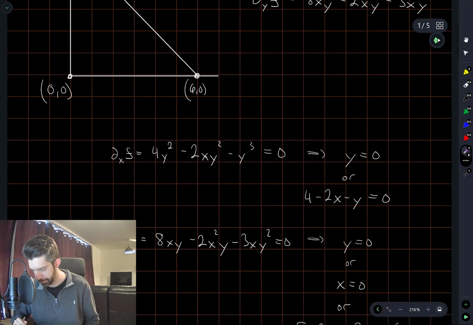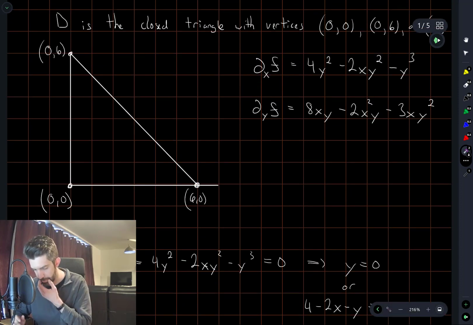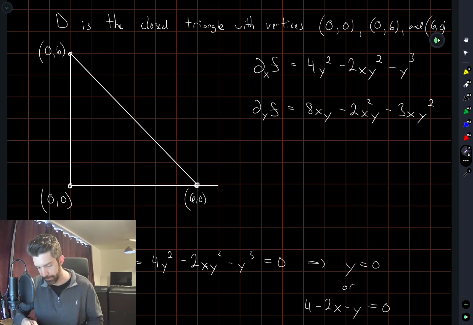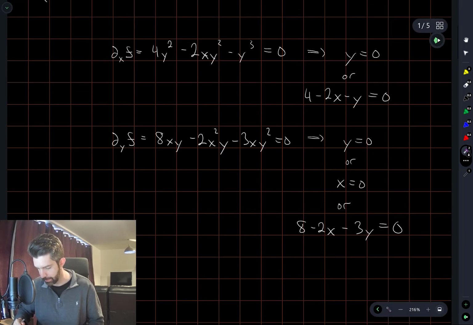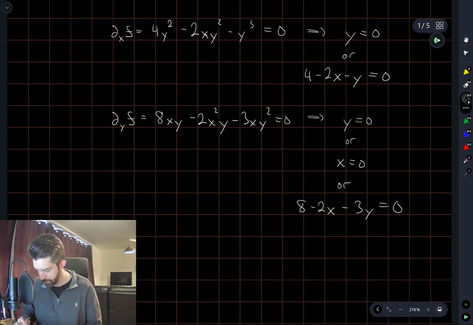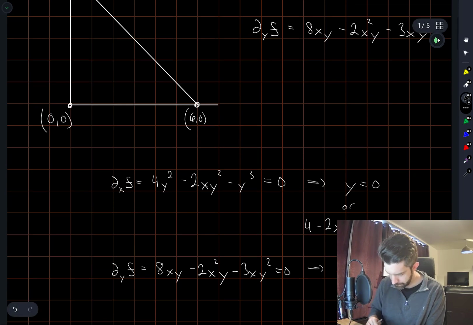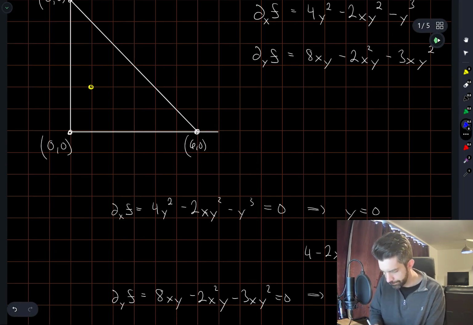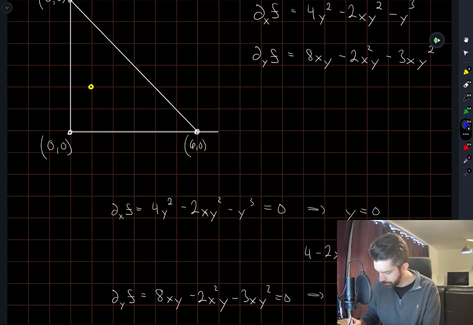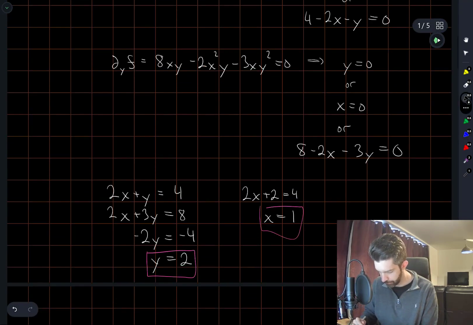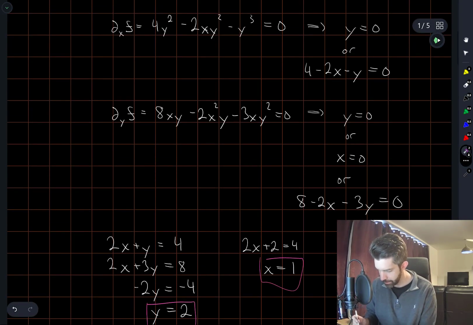But once we go through all this and find all possible points, I'm still going to look at the boundary and see what happens. Okay. So this point here at (1, 2) gives us a critical point where both partial derivatives are equal to 0.